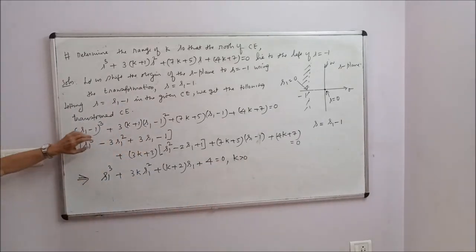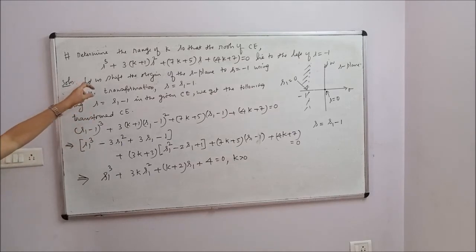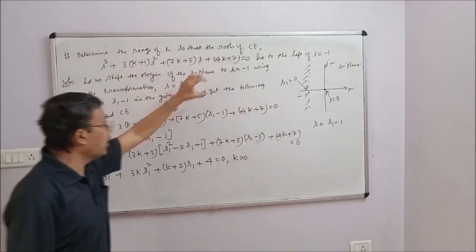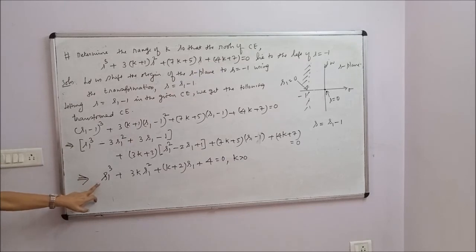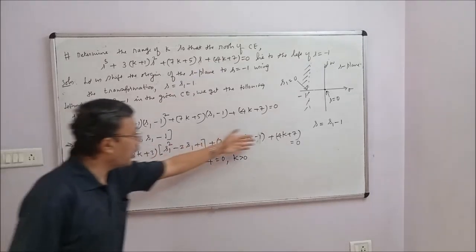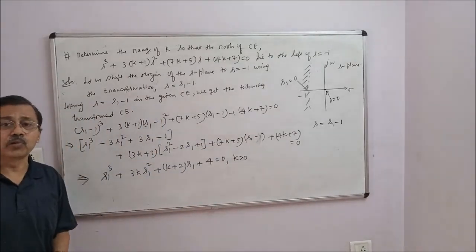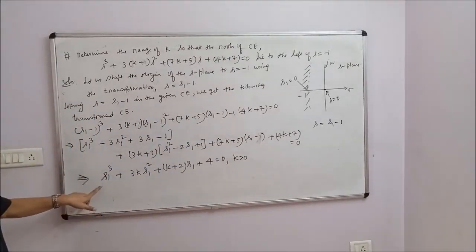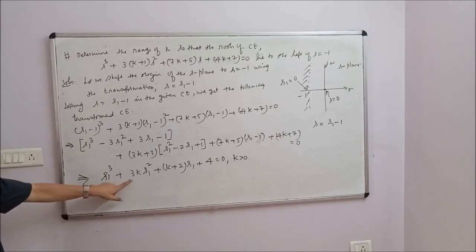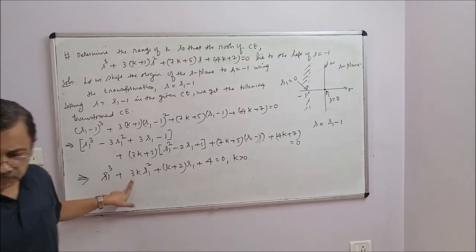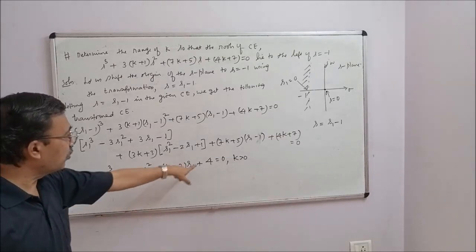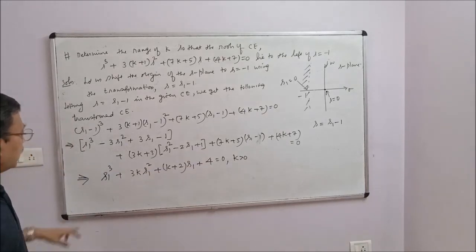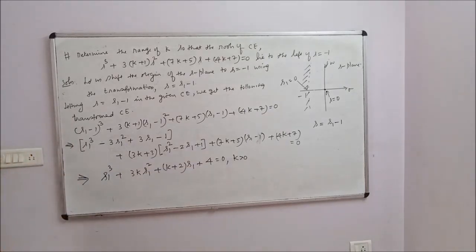So we have substituted s is equal to s1 minus 1 in the given characteristic equation. We have got this transformed equation. This is what we get when you simplify this algebraic expression. That simplification you do at home. So this is the answer, s1 cube plus 3k s1 square plus k plus 2 into s1 plus 4 equal to 0. This is correct. Now we have to do the roots array on this.